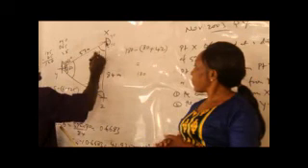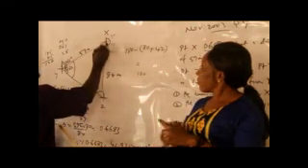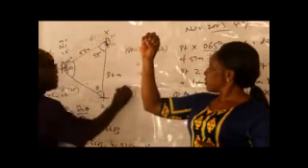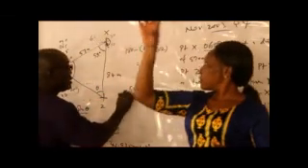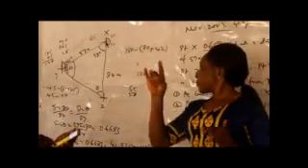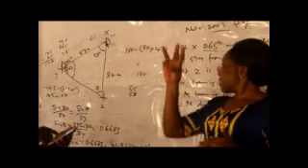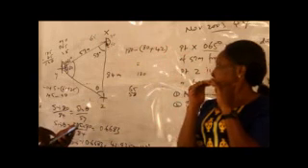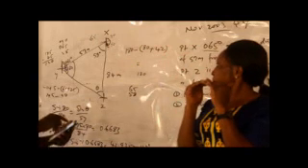So 180, and then from this angle, here is 65. 65 minus 58. What do we get? 65 minus 58 is going to give you 7.